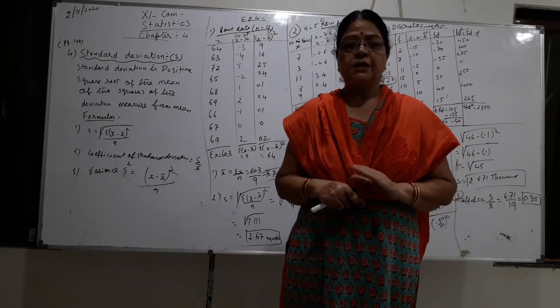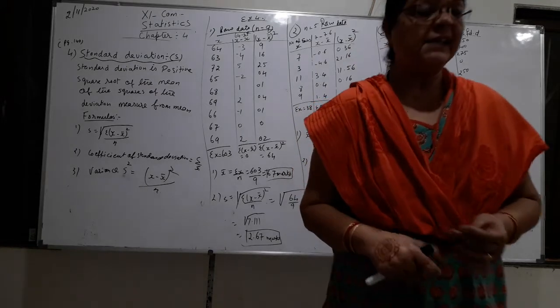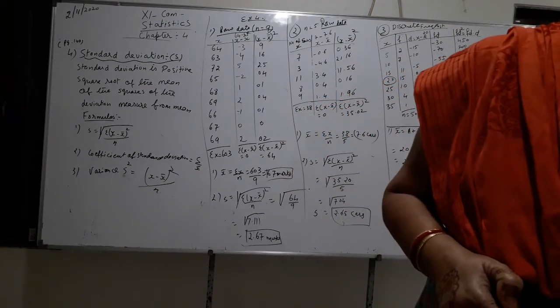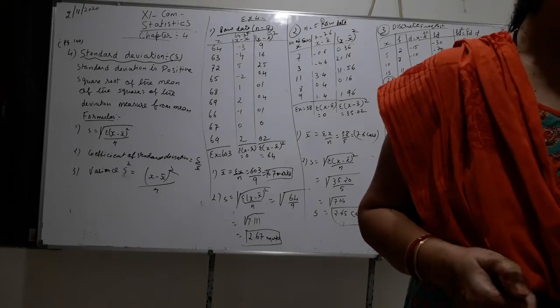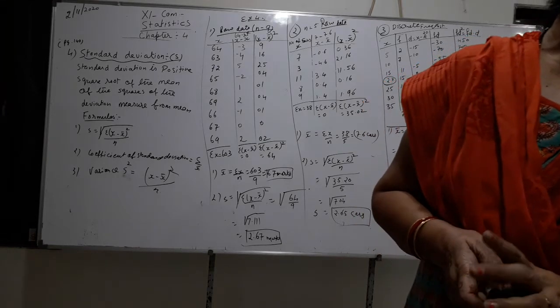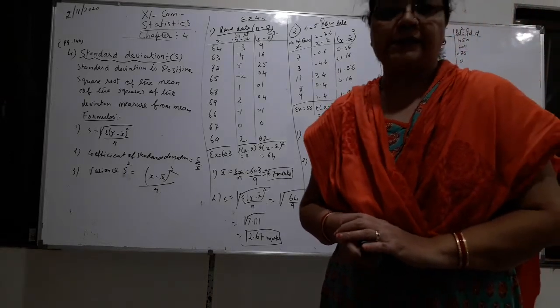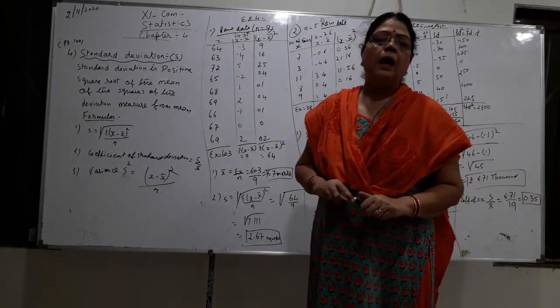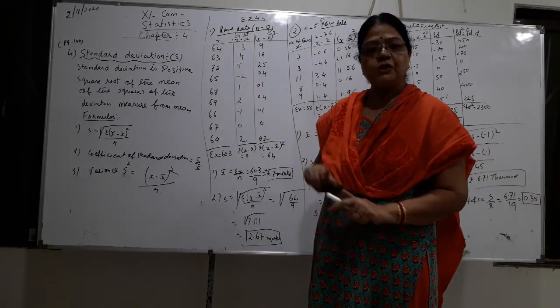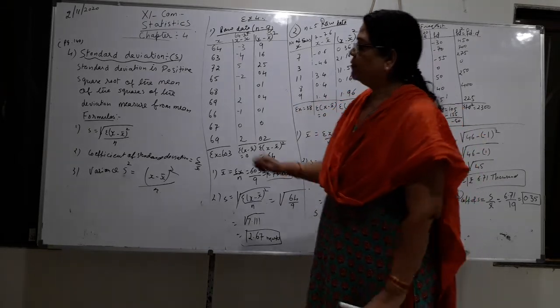It is used in the study of science, agriculture, physics, and also in statistical inference, correlation analysis, sampling, etc. For that reason, this is the most popular and useful measure of dispersion. So this is the fourth measure which we are studying.